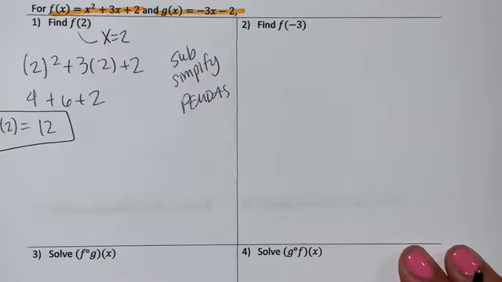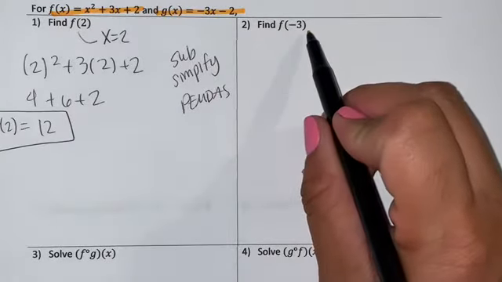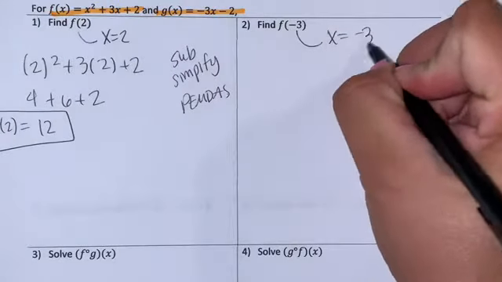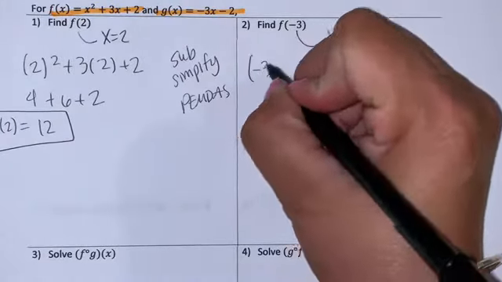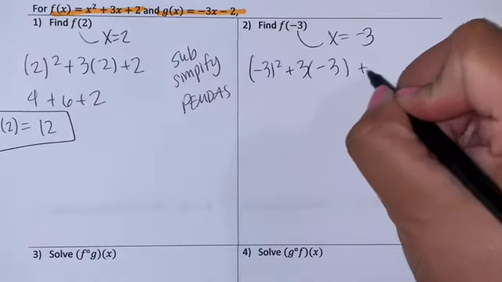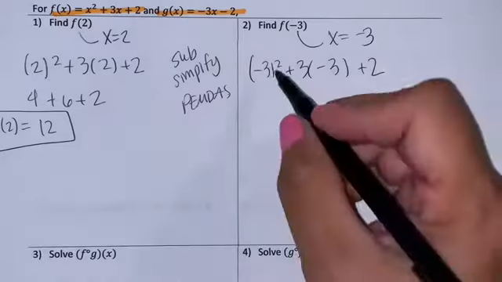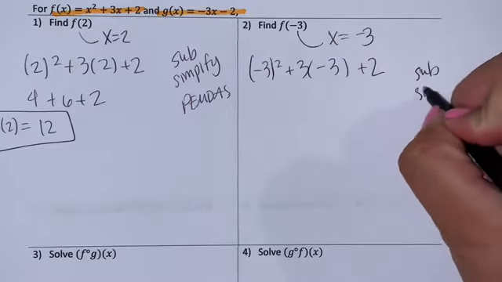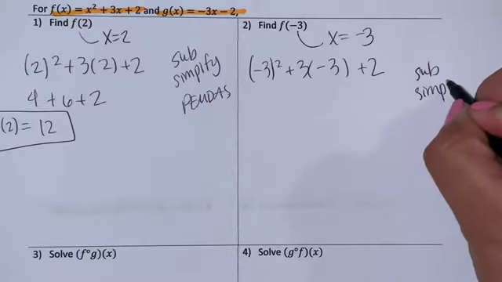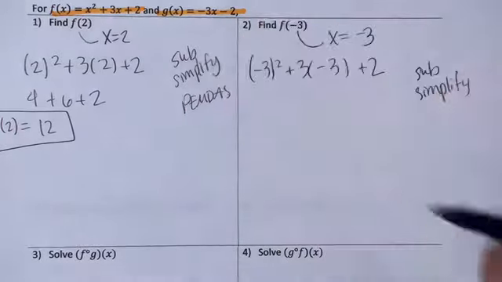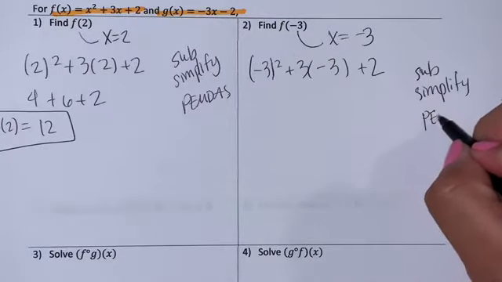Number 2, find f of negative 3. So x equals negative 3. Negative 3 squared plus 3 times negative 3 plus 2. So simplify with PEMDAS.